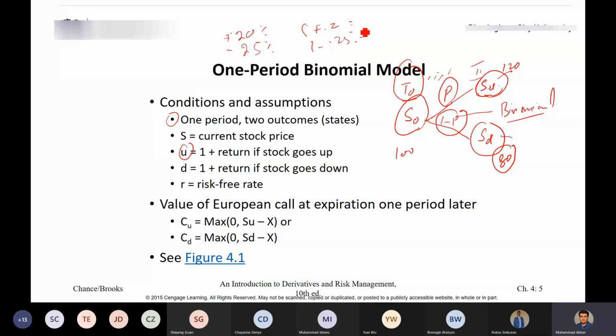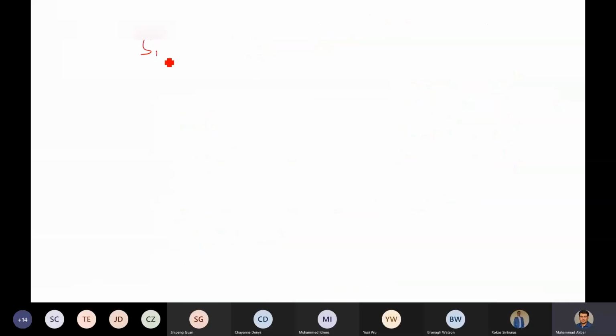So the up factor will be 1.2 and the down factor will be 0.75. Then R is, as we discussed in chapter 3 last week, the risk-free rate. And then we are talking about something like CU and CD. And you have to recall for this that we said last week that call and put are derivatives.